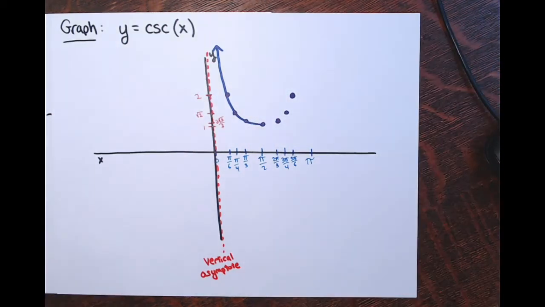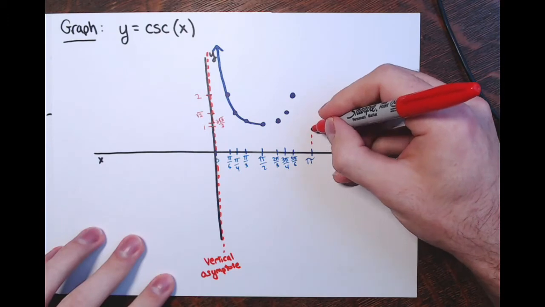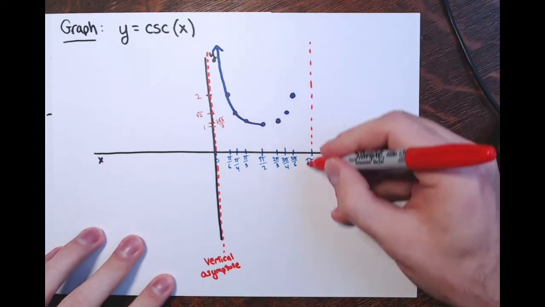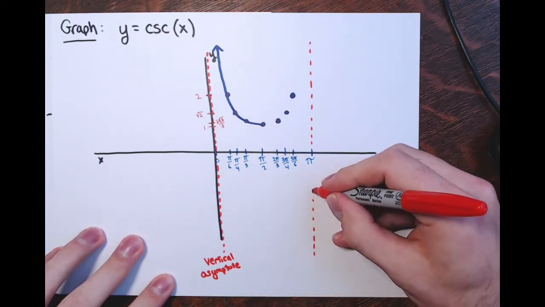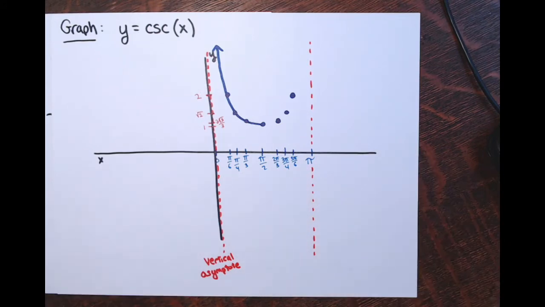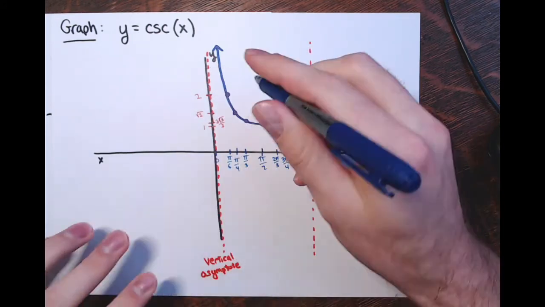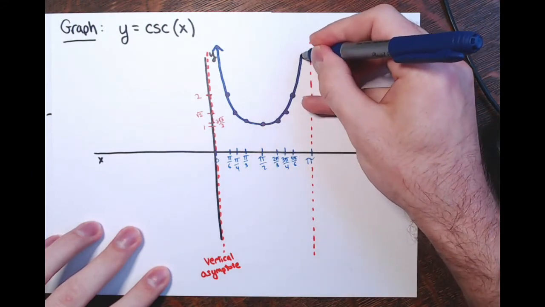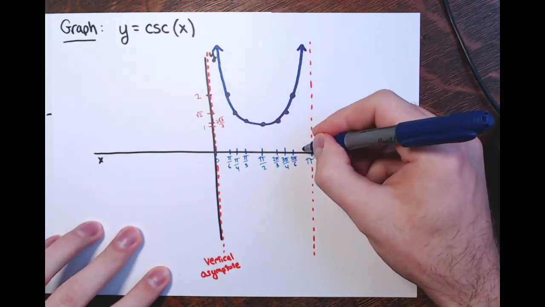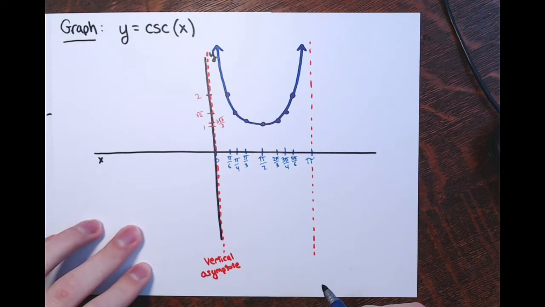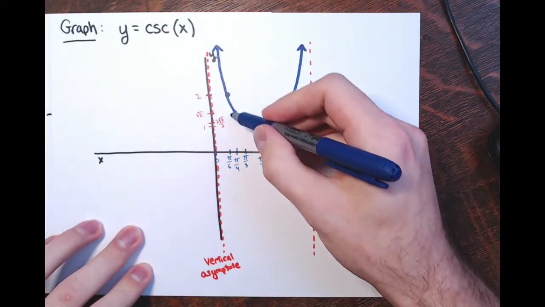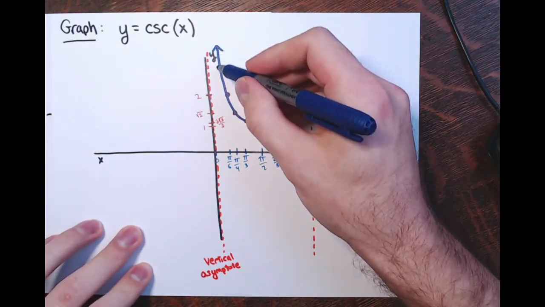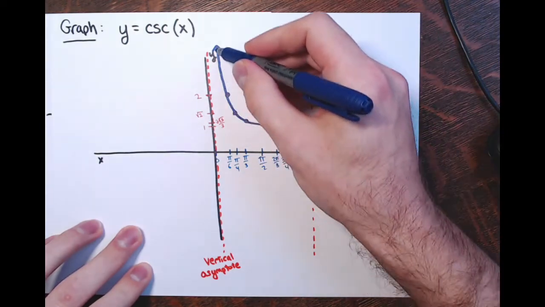And then the cosecant of pi: remember the sine of pi was 0, so the cosecant of pi is undefined. So I put another vertical asymptote here. And again, you see the graph approaching infinity on the left side of pi. So I get this nice little U shape here.